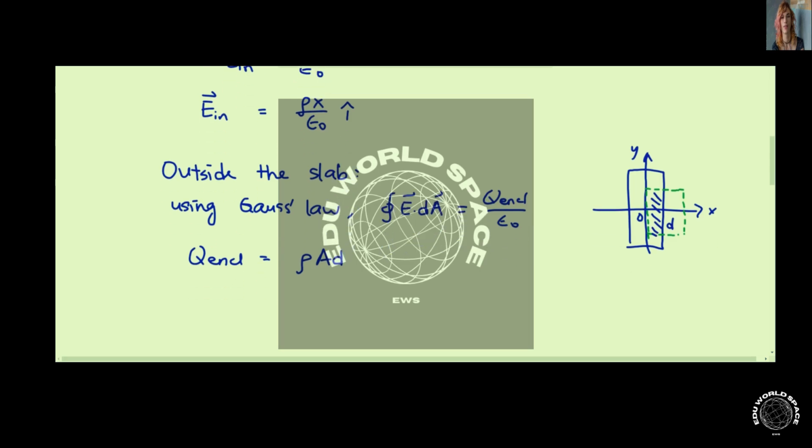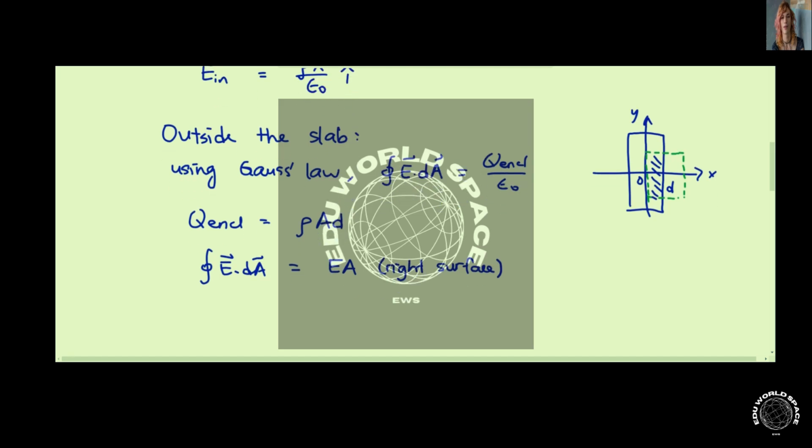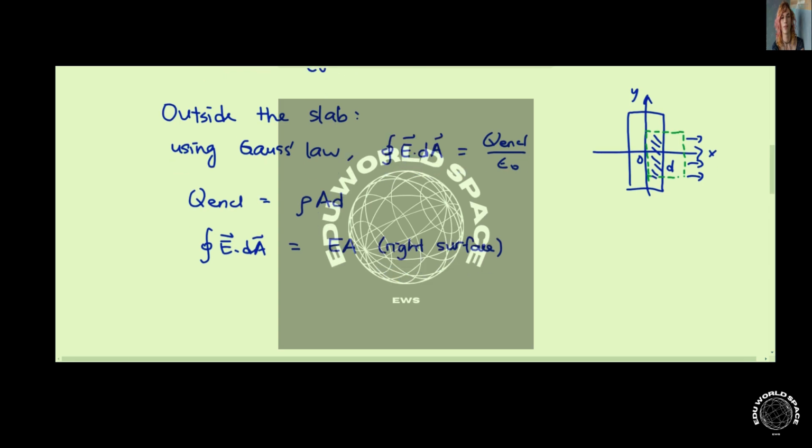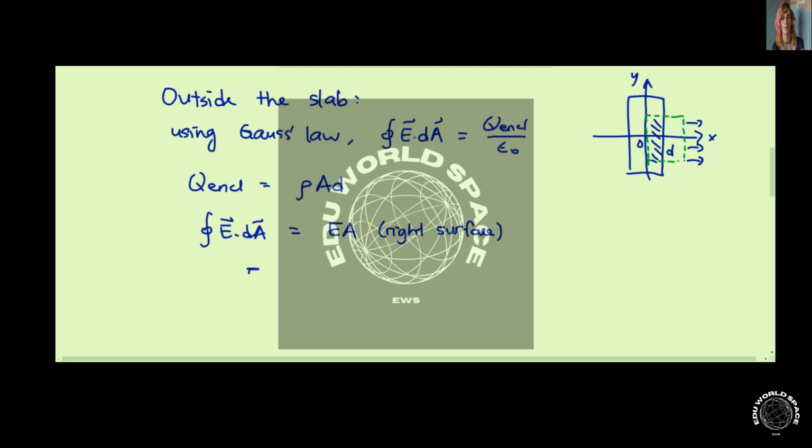On the left hand side, E dot dA is just E times A at the right surface, the flux through the right surface, and the E field is again pointing to the right. We equate both: E times A equals rho A d divided by epsilon naught, so E out will be rho d over epsilon naught.